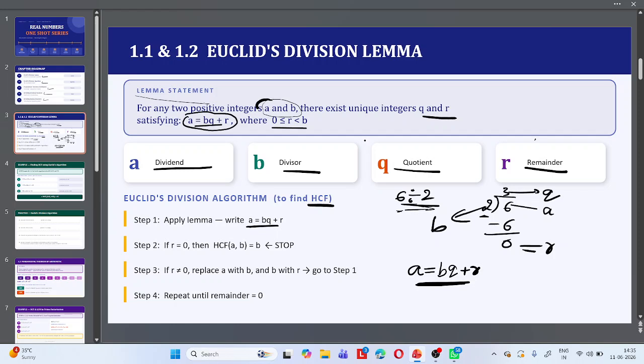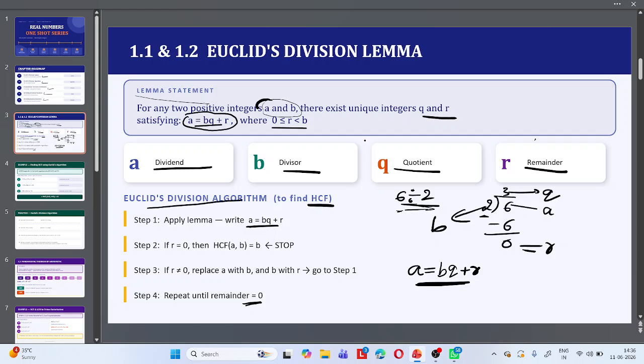Replace b as a and r as b in the next step. Follow the same procedure from step 1. So repeat until the remainder becomes 0.